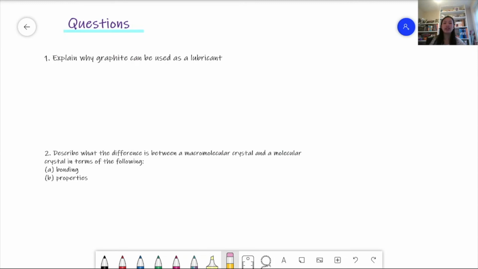So now we're going to move on to some questions. The first one is to explain why graphite can be used as a lubricant. And this is because even though all of the carbon atoms are covalently bonded together, so they have very, very strong covalent bonds between the carbon atoms, there are weak intermolecular forces between the layers of the hexagonal 2D sheets of carbon, kind of hexagonal rings.